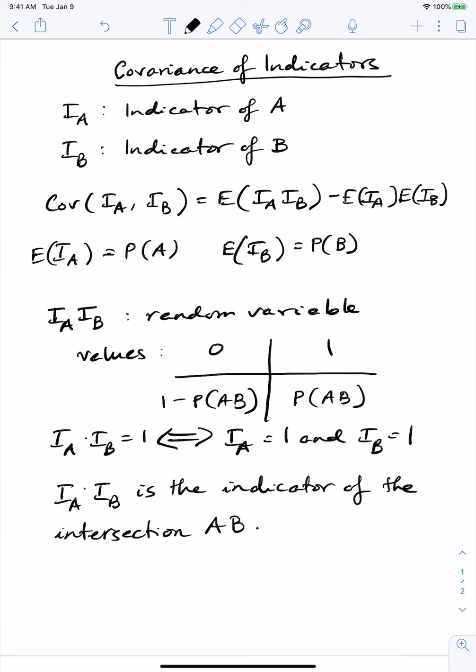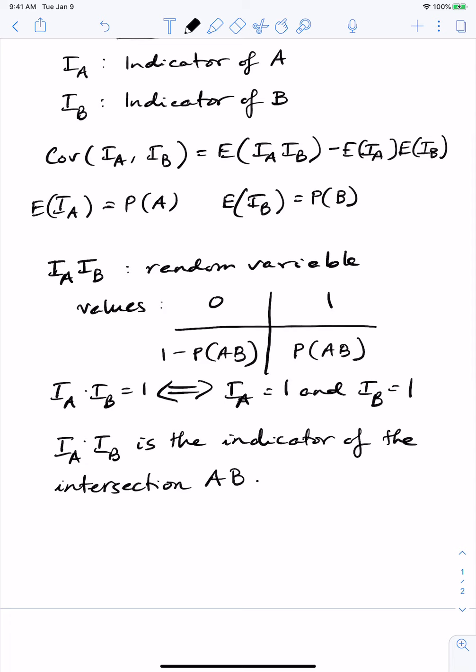It's a good idea to just take a look at the notation here. That intersection AB is not a product, it's an intersection, as it has been since early in the class. But indicator of A times indicator of B is a product of two functions. Well, if the product of the indicators is itself an indicator, then we can easily write down its expectation: it is the probability of the event that it indicates.